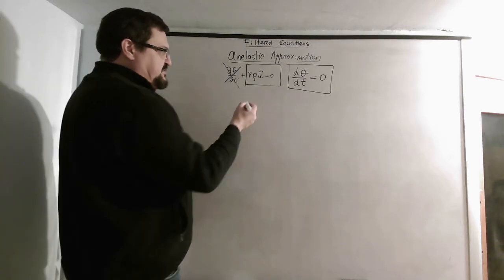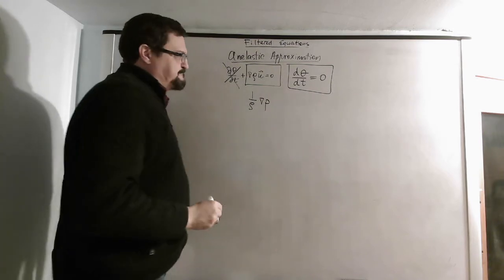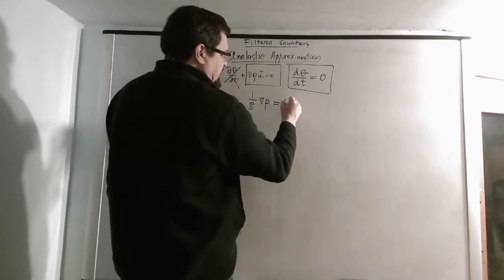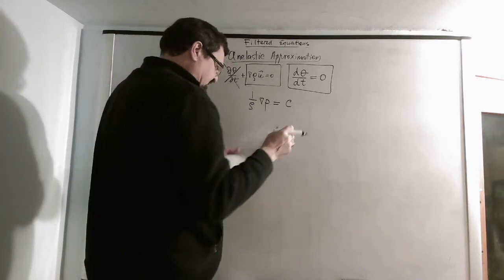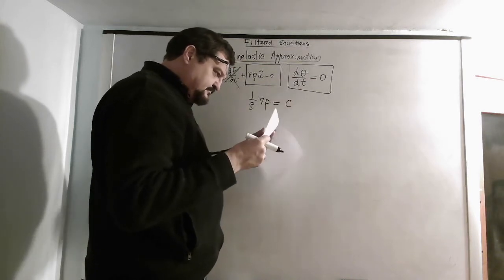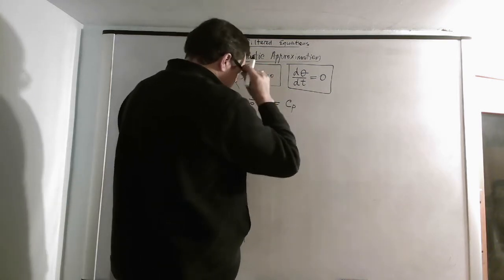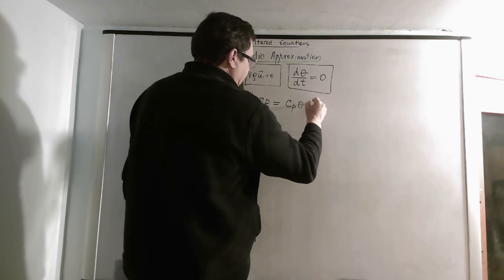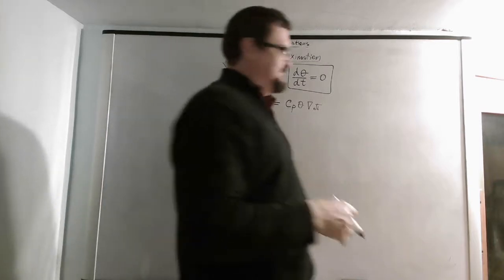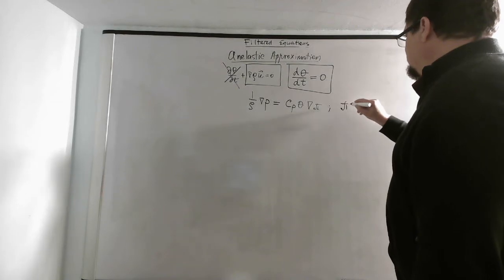For that, it can actually be shown that this term, 1 over rho gradient of P, can be written in the following form as Cp potential temperature gradient of pi, where pi is not 3.14, but it's a so-called Exner function.